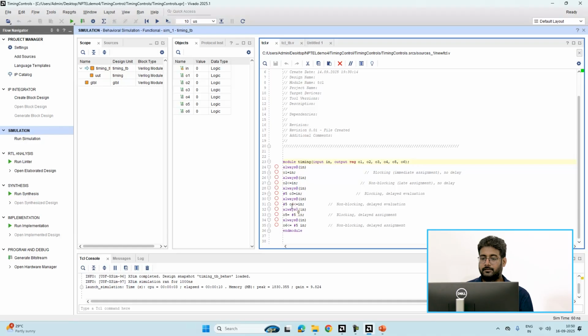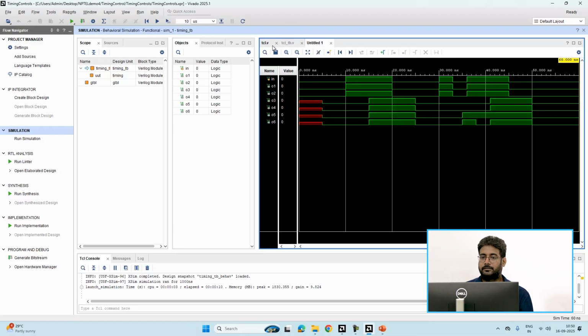The next case is o4 with #5, meaning after some delay o4 is assigned with a non-blocking statement equal to in. So non-blocking, with delayed evaluation again in this case. So here is the delay, and it's similar to the previous case. It's like an inertial delay only.